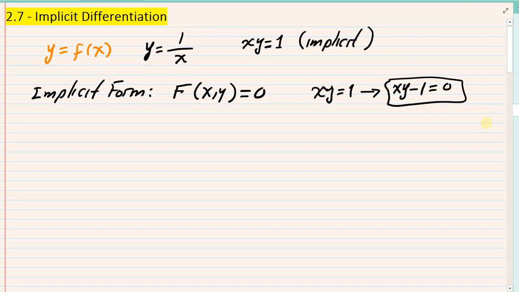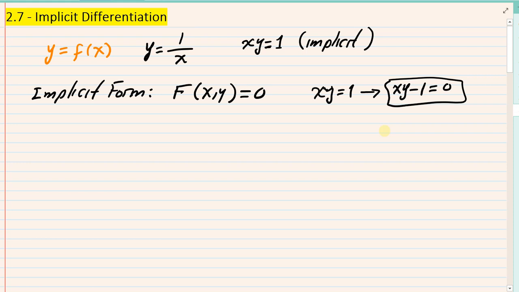The reason this is important is that in this section we're going to look at differentiation through functions that are implicitly defined. This will enable us to find the derivative of more complicated functions where I cannot always solve for y.